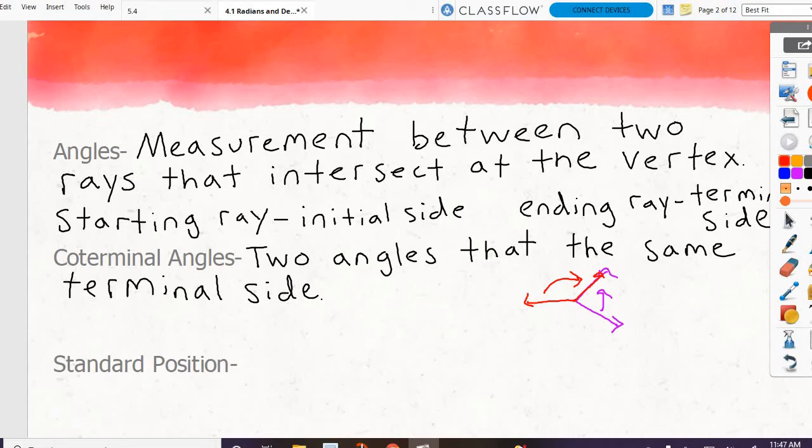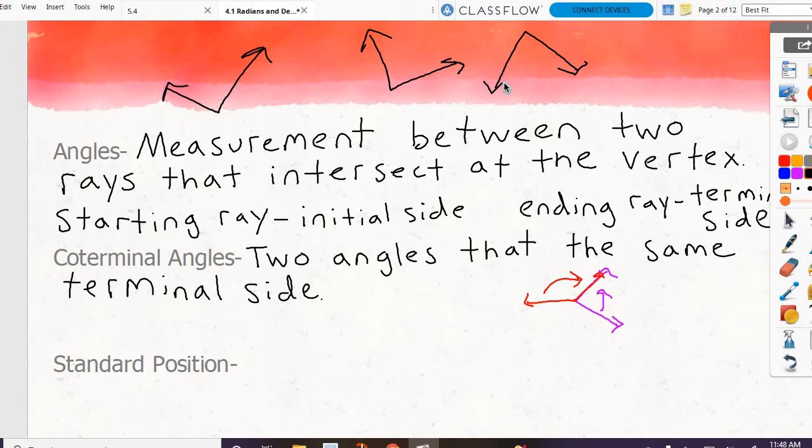Now, the problem is when I ask you to draw angles, we could technically draw them any which way. So like I could draw an angle that goes that direction, but I could also draw an angle that goes that direction or goes that direction. Agreed? Are those the same angle? Like do they have the same angle measurement?